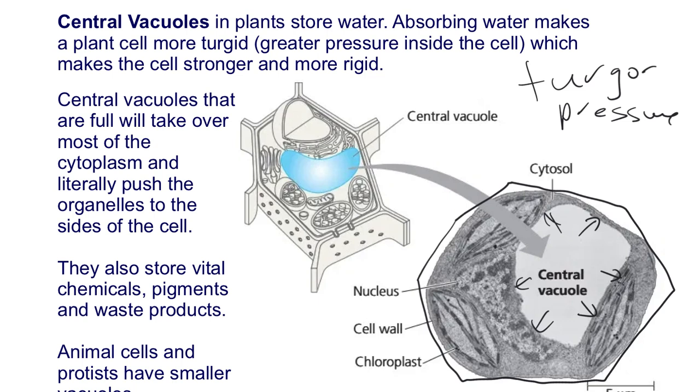The central vacuole also stores chemicals, pigments, and waste products. You won't see such a large central vacuole in any animal cell or a protist.